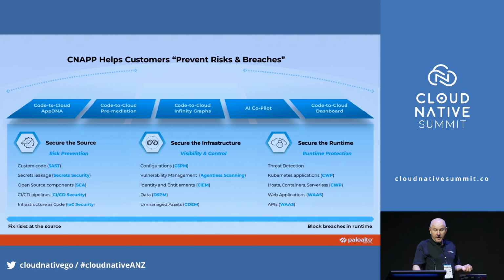Now moving on to cloud workload protection, that's another CNAPP area of capability. If CSPM is the smoke alarm, then workload protection for containers, Kubernetes, and serverless applications is the fire extinguisher. Here we move from passive security controls to active measures that can intercept and actually stop an attack.